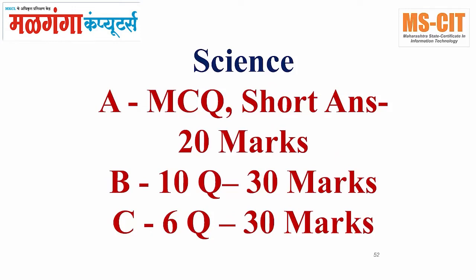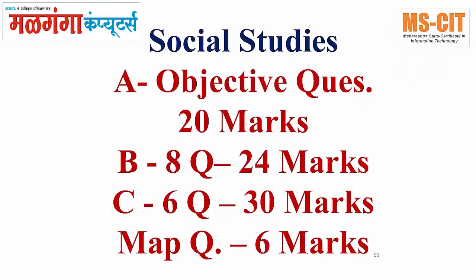Objective or short answer questions are there. MCQs are also there. Section B and C both are for 30 marks. But section B will cover 3 marks questions and section C will cover 5 marks questions. So in short, in your papers only 1, 3 and 5 marks questions will be asked in science.